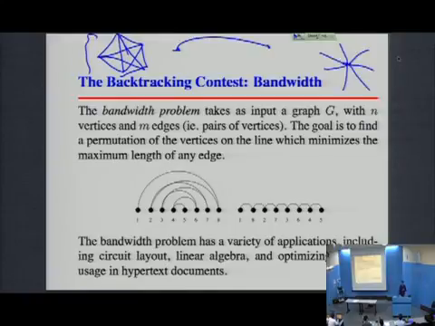What would be the right layout of a star? Can anyone think of what it would be? You've got n vertices, let's make it n leaves and one center point. What would be the right layout for this one? Yes?